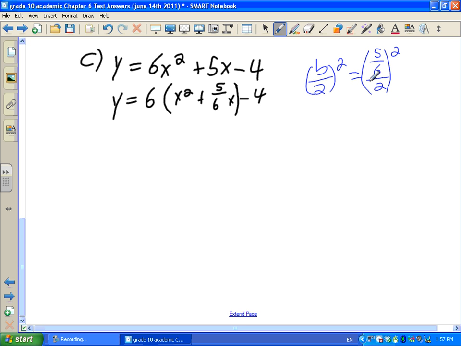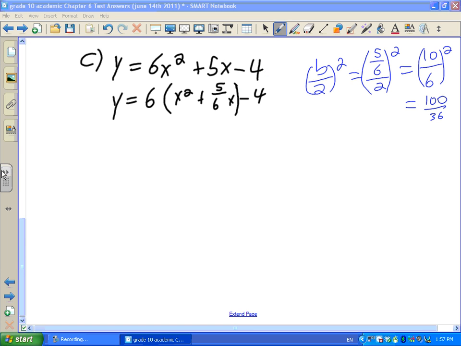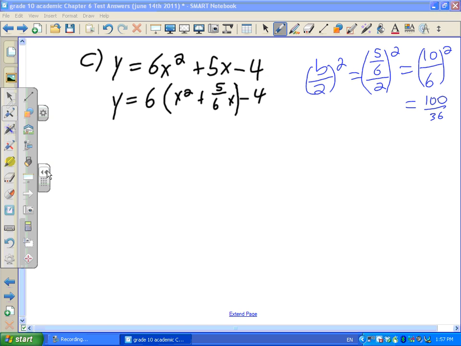All that's going to do is multiply 5 by 2 and keep the 6 on the bottom. If you remember your fraction rule, you flip everything upside down. And finally, I'm going to square that, so it becomes 100 over 36. That's the number I'm going to add and subtract inside of the bracket.